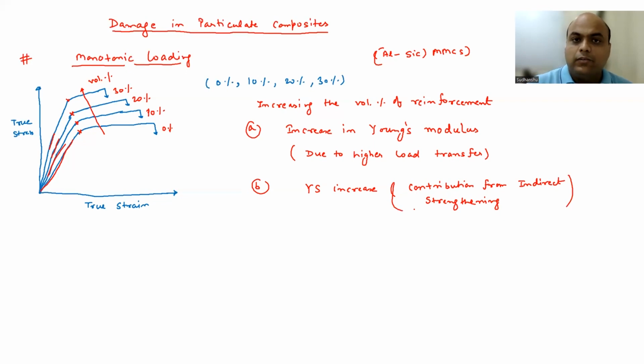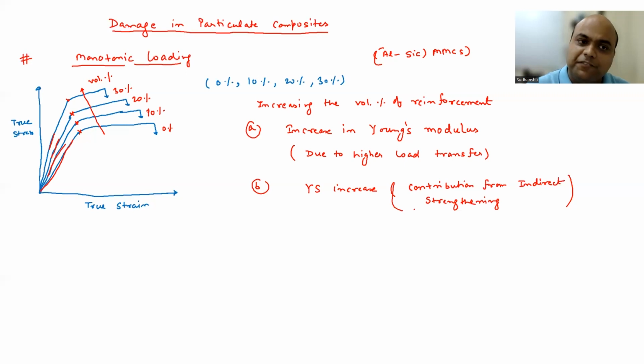If you increase the volume percentage, we have already discussed the contribution of indirect strengthening increases, right? And if the contribution of indirect strengthening increases, the yield strength is also going to increase, and that is what you observe in this schematic on the left side. Okay, so this is how your composite is going to behave.